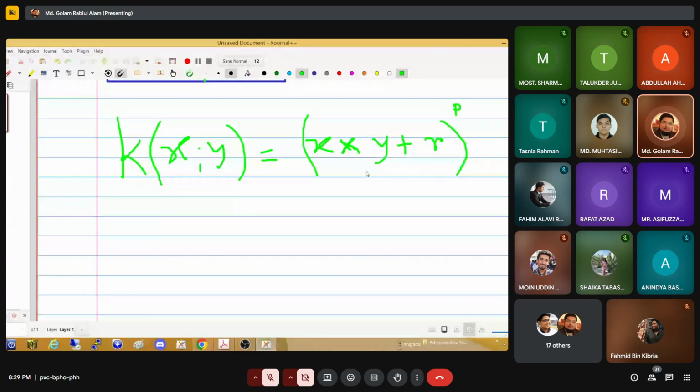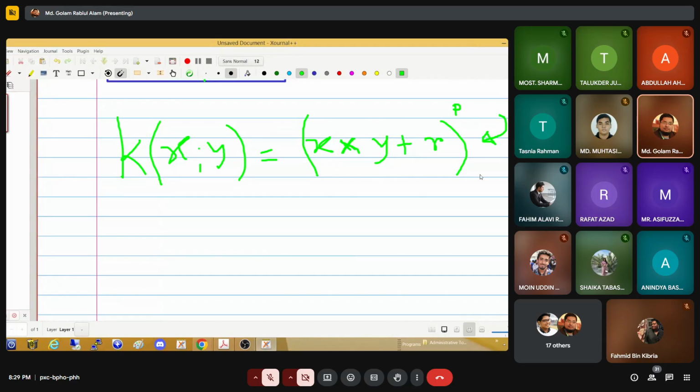So this is called the polynomial kernel. That means if you have the data points, then on the data points you have to apply this polynomial function to transform those data points into a new dimensional space.